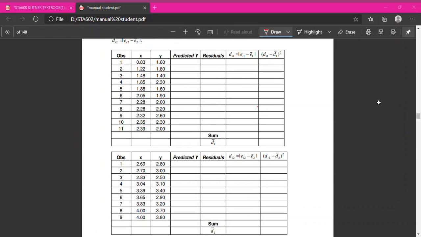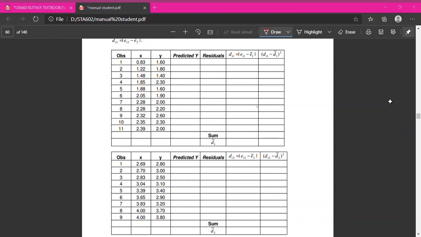So the F3 here, this column, minus dengan D1 bar, dan squarekan dia. So you akan dapat this column. Total of this column will be the summation of D1 minus D1 bar square, yang kita akan gunakan to find the S pool, S square pool.